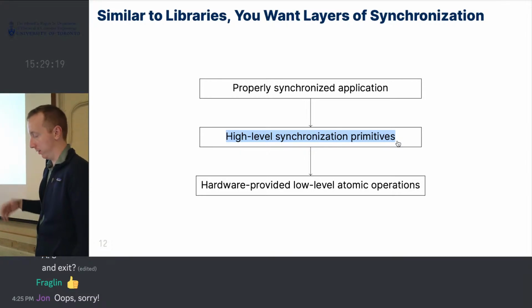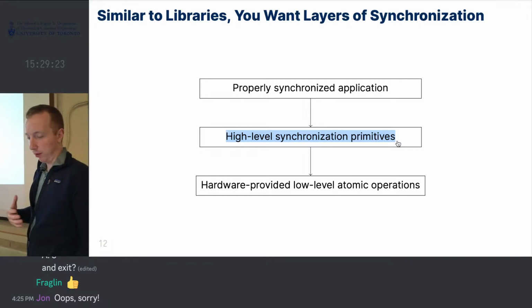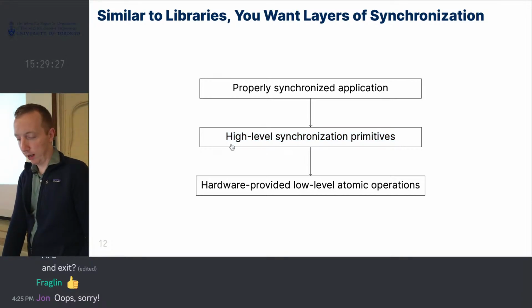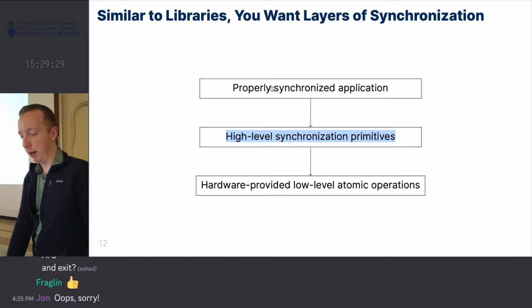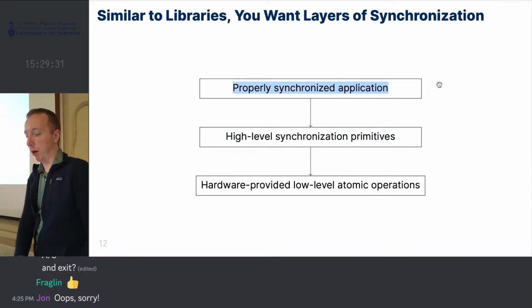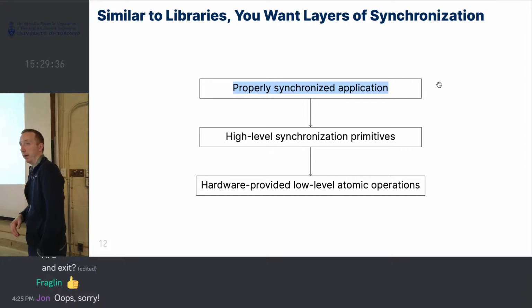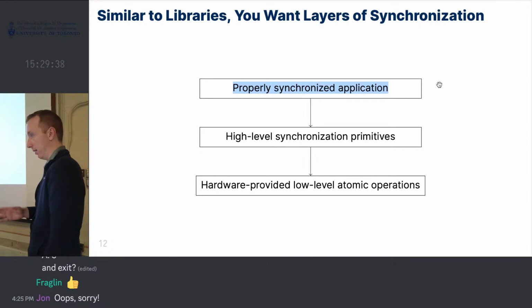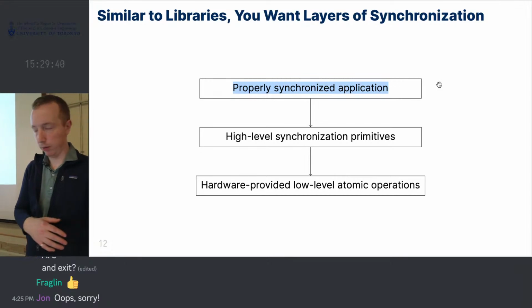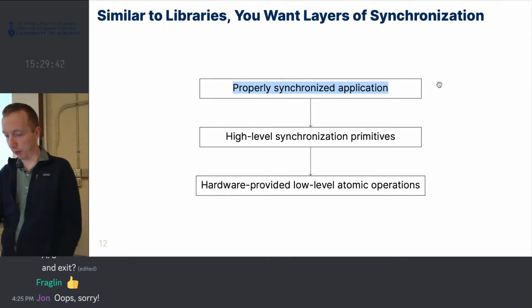That is just a high-level tool that allows you to create critical sections. We'll see other synchronization primitives as we go on in the course. Then using things like mutexes, you should be able to create a properly synchronized application, which means it does not have any data race. It behaves the exact same way every time. You don't get any weird, unexpected results or bugs.